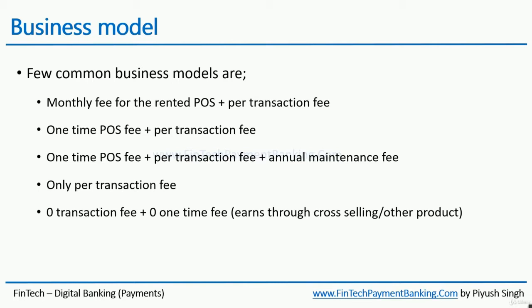For example, getting the data of payments and then utilizing that to give loans to the merchant or to the customers who transact through that merchant. So these are a few of the business models on which the industry operates. Definitely there could be other models as well, but these are the most used business models.